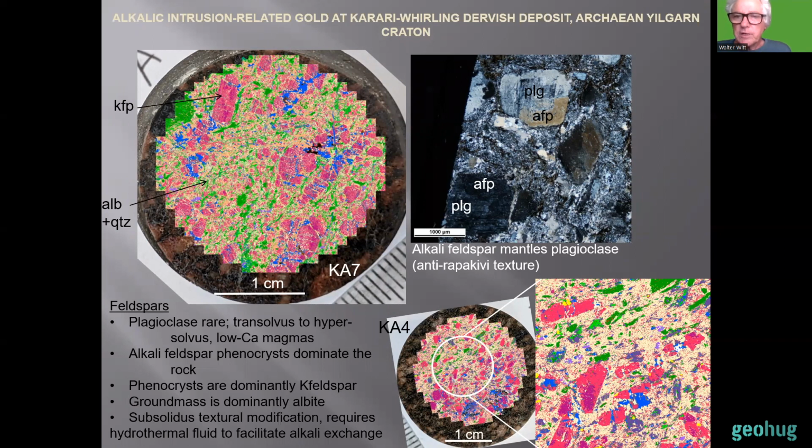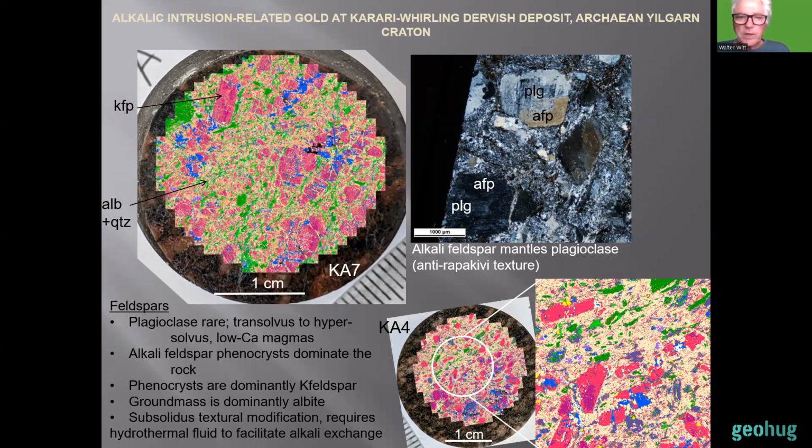Where we do see plagioclase, it's normally mantled by alkali feldspar, suggesting that these were transsolvus magmas that crystallized plagioclase and alkali feldspar together for a short period before entering the hypersolvus field and crystallizing alkali feldspar alone.